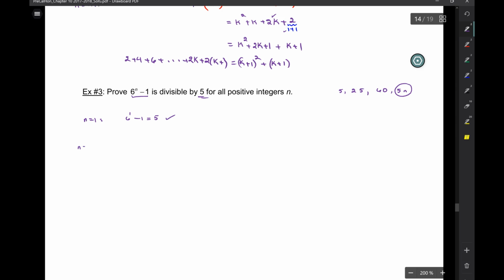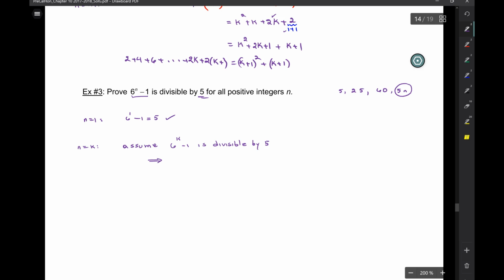Okay, so now n equals k. Assume 6 to the k minus 1 is divisible by 5. What would that mean?